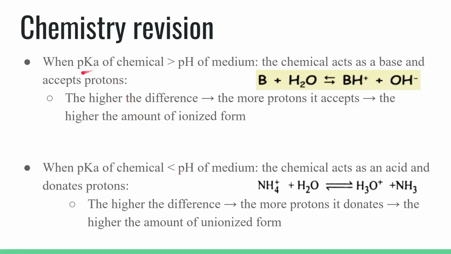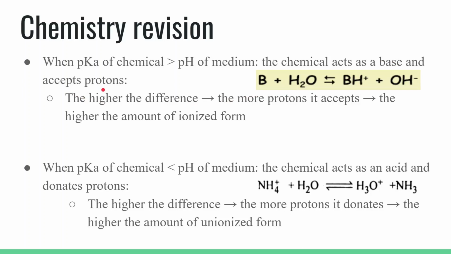So when the pKa of a chemical is greater than the pH of the medium that it is in, يعني when you place a chemical that has a higher pKa than the pH of the medium in which it is in, the chemical acts as a base and accepts protons. Now that makes sense.